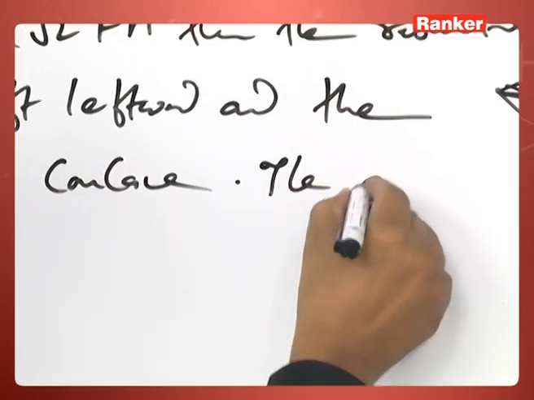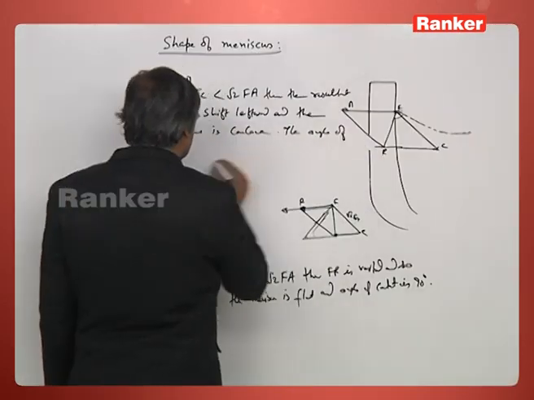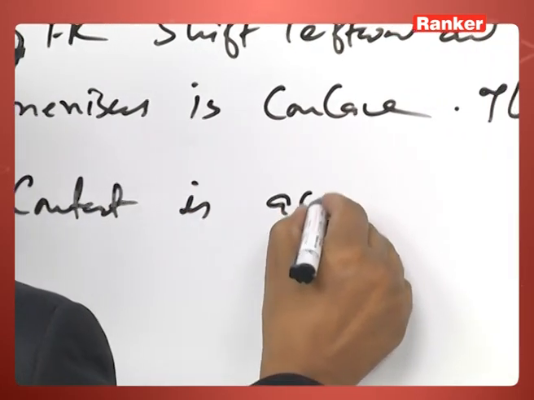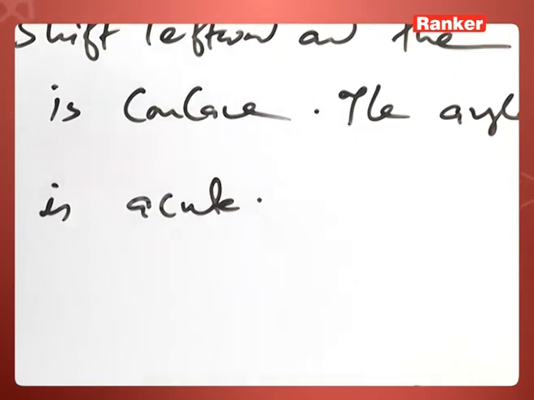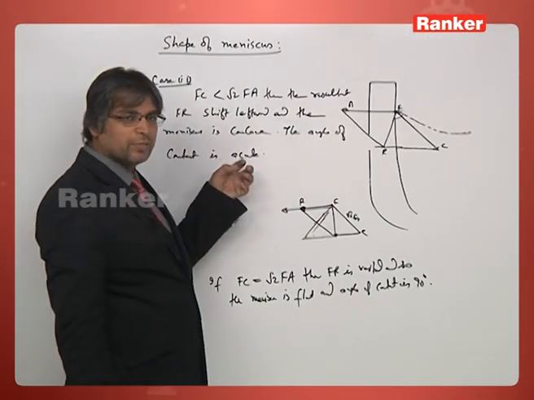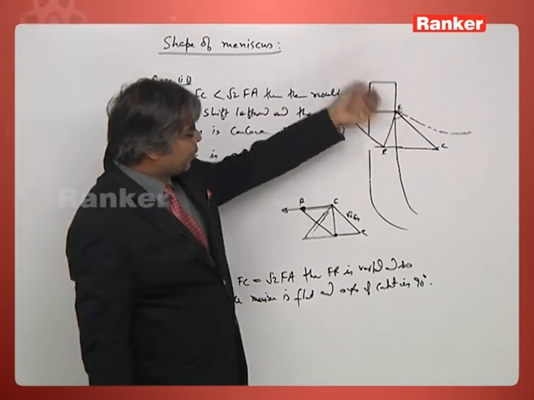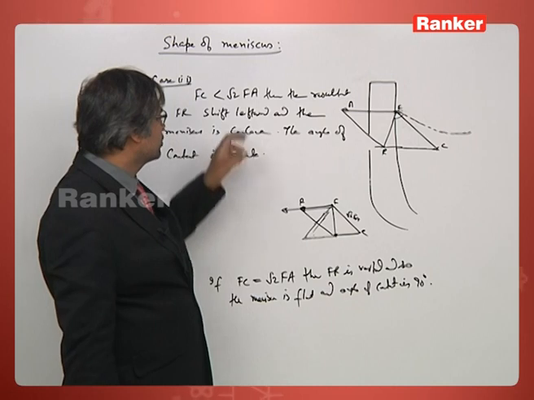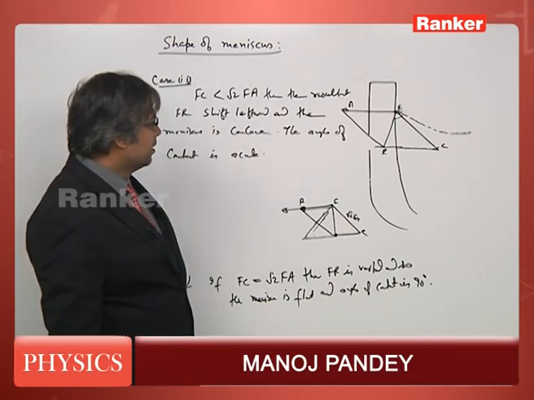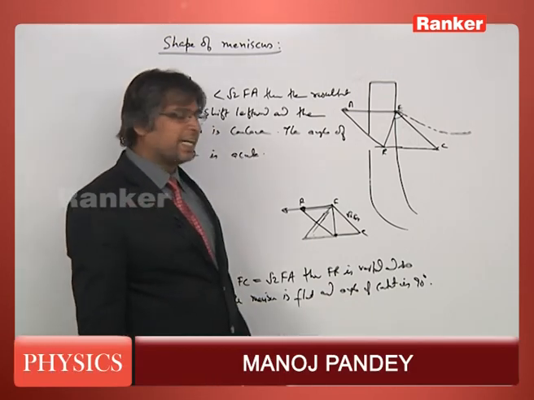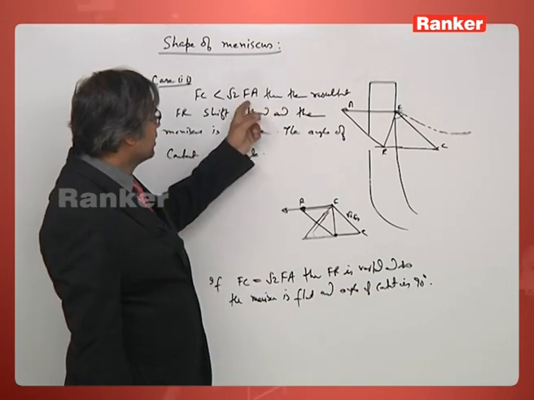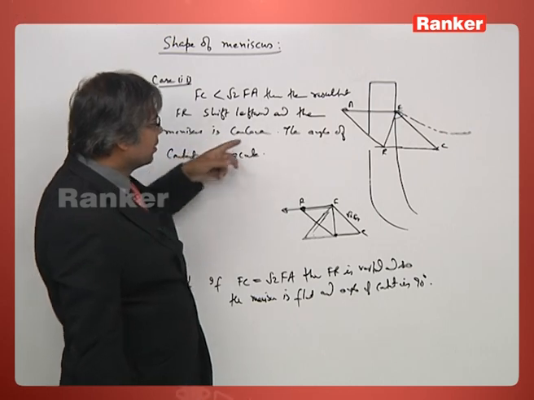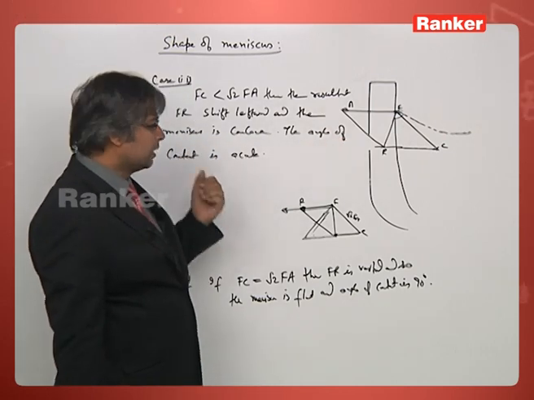The angle of contact is acute in this case. When the adhesive force is more, it will pull the liquid and so the liquid will have this shape. For water and glass, the adhesive force is so large that the angle of contact becomes 0 and the liquid goes far this way.